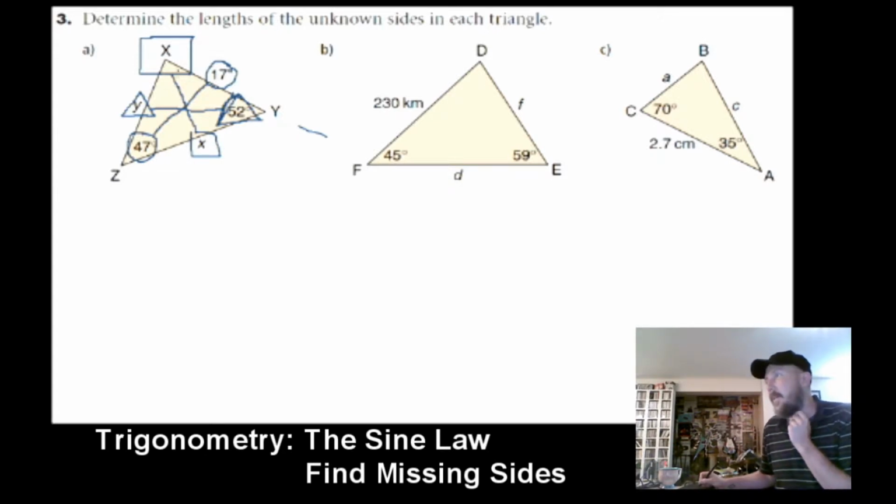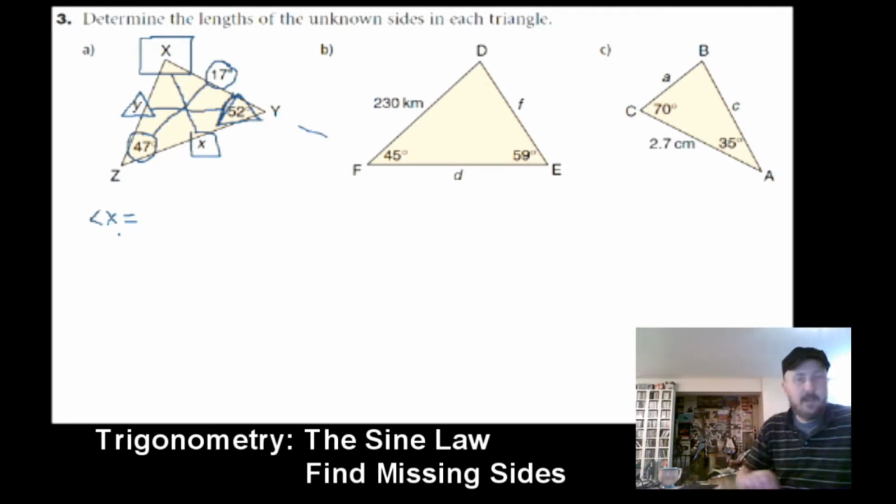Now there's a bunch of stuff we have to find out in this triangle. The first one is determine the lengths of the unknown sides in each triangle. So we don't need this angle, we might in a little bit. Let's do this first though. Angle X is equal to, we know that in a triangle all the angles have to add up to 180 degrees.